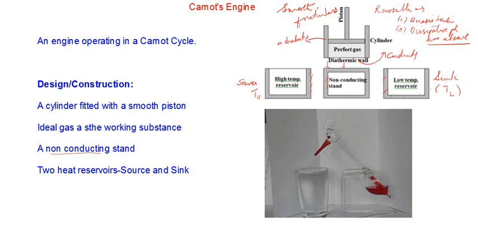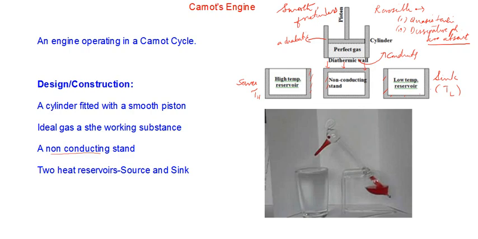You imagine that the cylinder is kept on this stand. So what will happen? The conducting boundary of the cylinder will now be closed due to the top part of the stand, so that the perfect gas system will be completely isolated from the surroundings. So that is the purpose of this non-conducting stand.